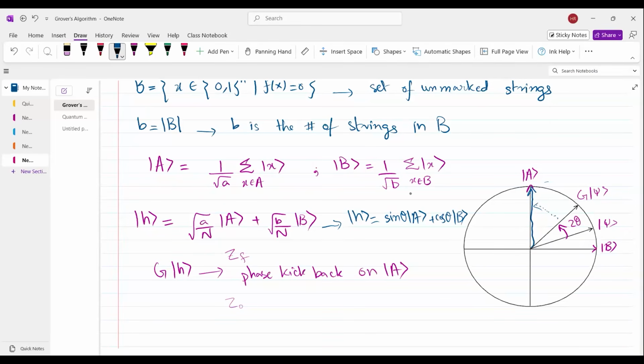Essentially, we are just increasing the probability, increasing the amplitude of the marked strings. And by doing so, we are decreasing the amplitude of the set of unmarked strings.